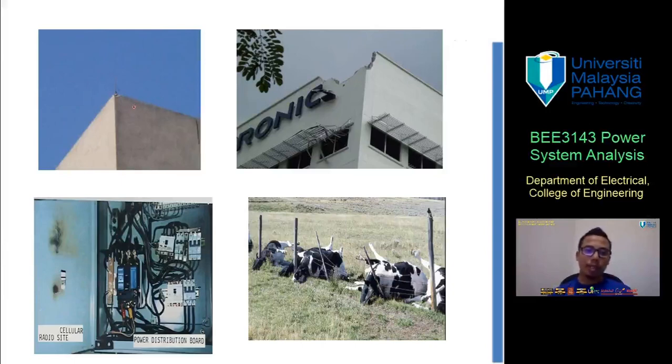This is an example of a picture I just picked up from the internet. Please don't claim anything from me, it is just for educational purposes, for making you understand well. You can see the edges of the buildings, the stones and the concrete, fall into several parts. The edges are struck by the lightning. There is a similarity between these two pictures, where the lightning struck at the edge of the building or structure.